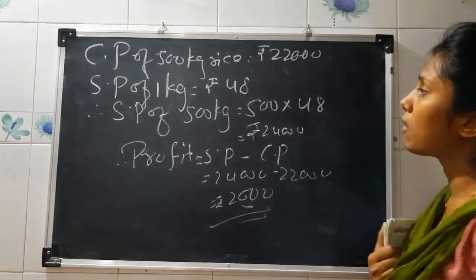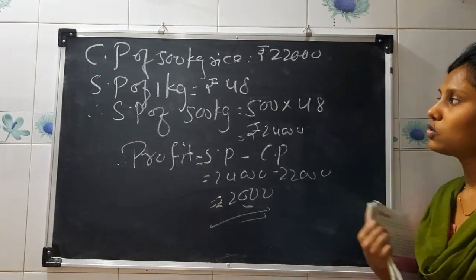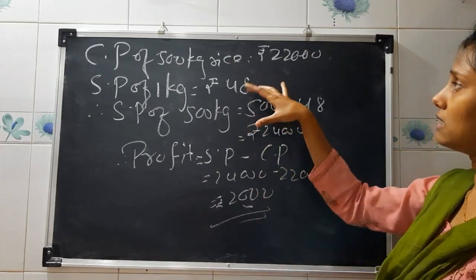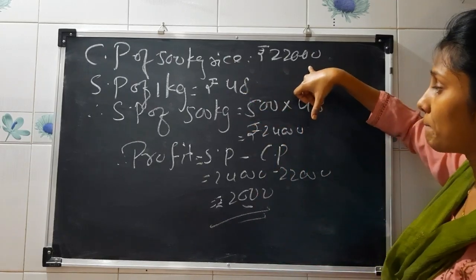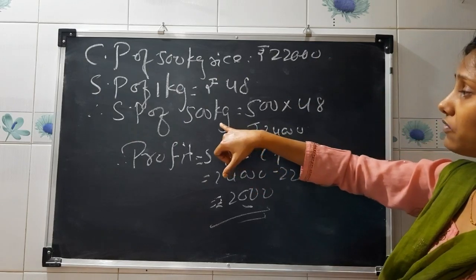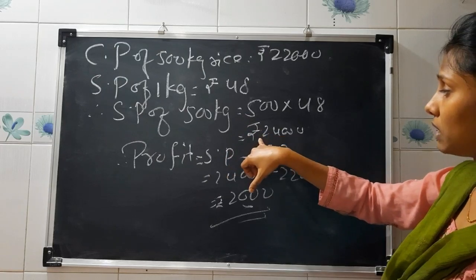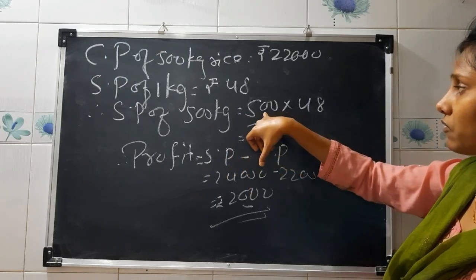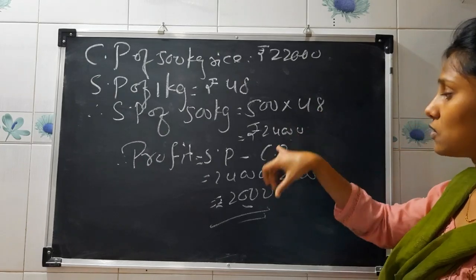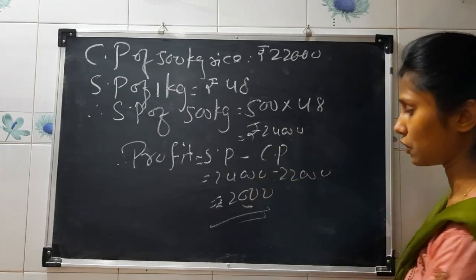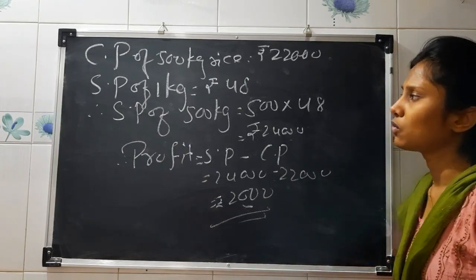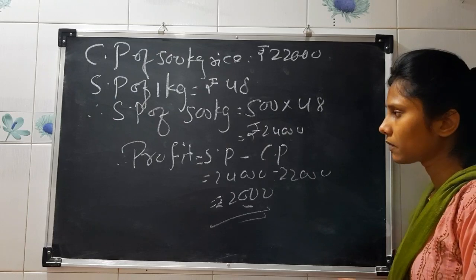So he earned a profit of rupees 2000. He purchased 500 kg of rice for rupees 22,000, but he sold 500 kg of rice for rupees 24,000, 500 multiplied by 48. So he earned an extra 2,000 rupees. Okay, so it is his profit. Understood?